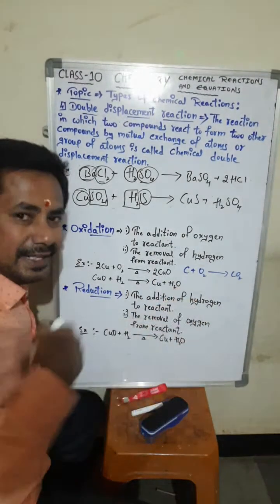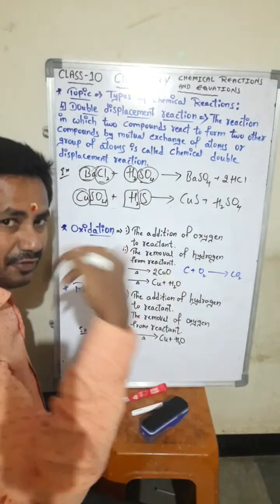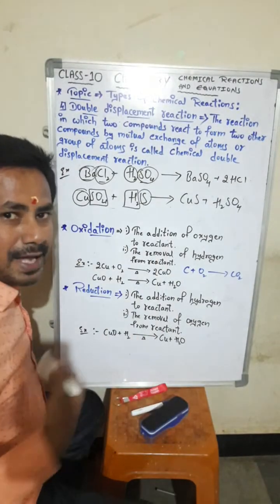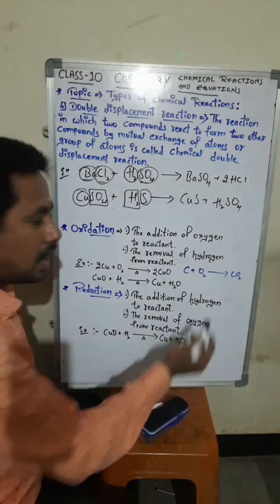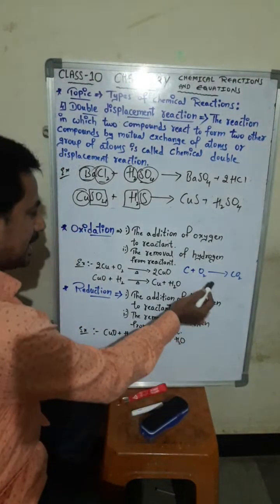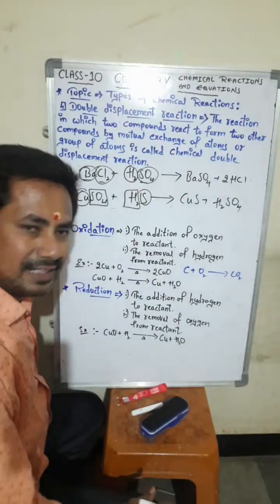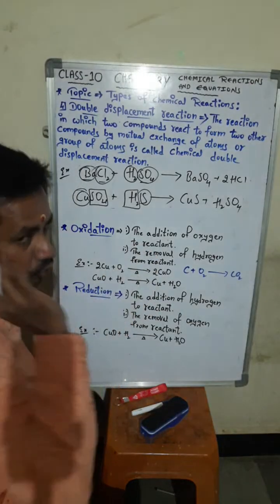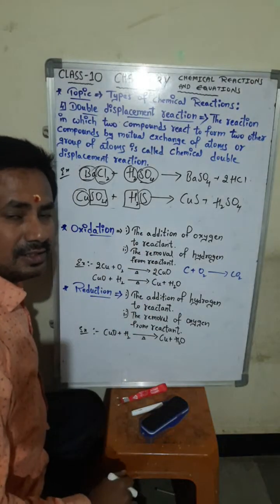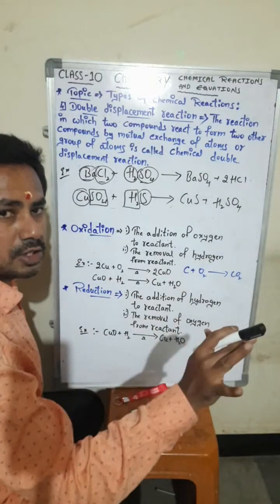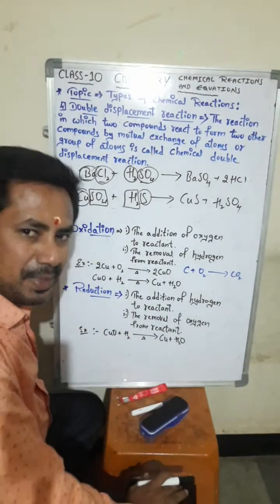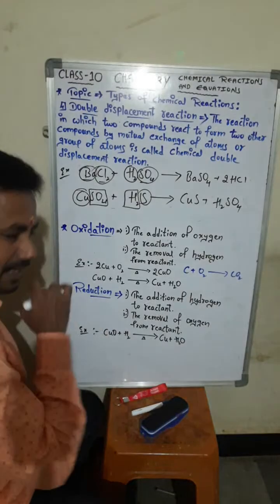Carbon is present in our body, oxygen we take in, oxygen combines with carbon and carbon dioxide comes out. So this is an example of oxidation. Clear? So these are the two points you have to remember: addition of oxygen or removal of hydrogen is called oxidation. Simple, very easy. So next one, reduction.